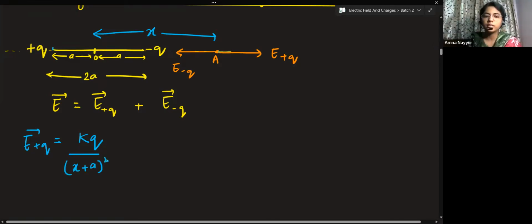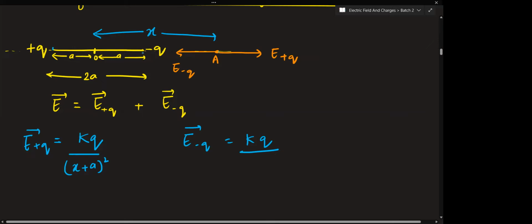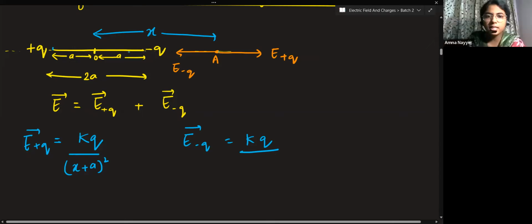This is your E plus Q. Similarly, if you have E minus Q with you, this will be KQ. What will be the separation from this point to this point? X minus a. See, this whole is x. You have subtracted this x because you want this part only. So this will be x minus a whole square.